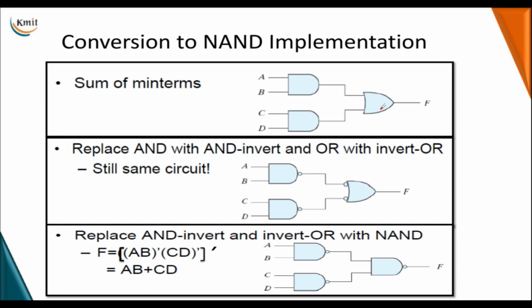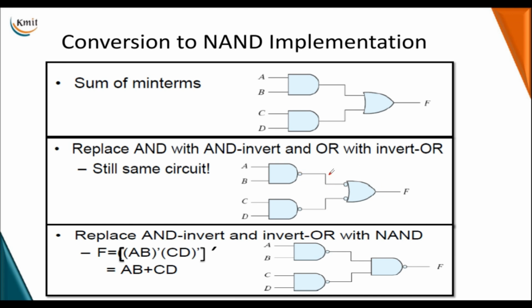Now in order to implement this with only NAND gates, every output of the AND gate is bubbled and every input of the OR gate is bubbled. So we bubbled every output of AND, which makes it a NAND gate, and every input of the OR gate is bubbled, so this is also replaced with a NAND gate.